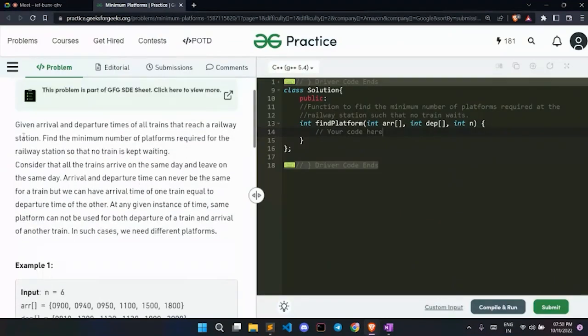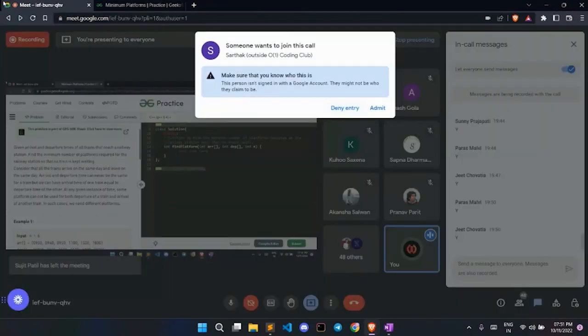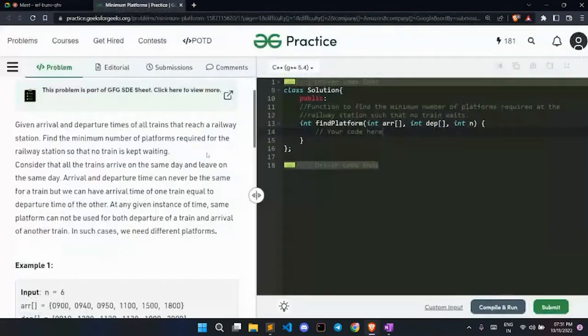So see, what we have here is some train arrival and departure system where we need to find the minimum number of platforms required for the railway station such that no train is kept waiting. This question will be something like I will explain you the logic and you should try to code it yourself. Okay.